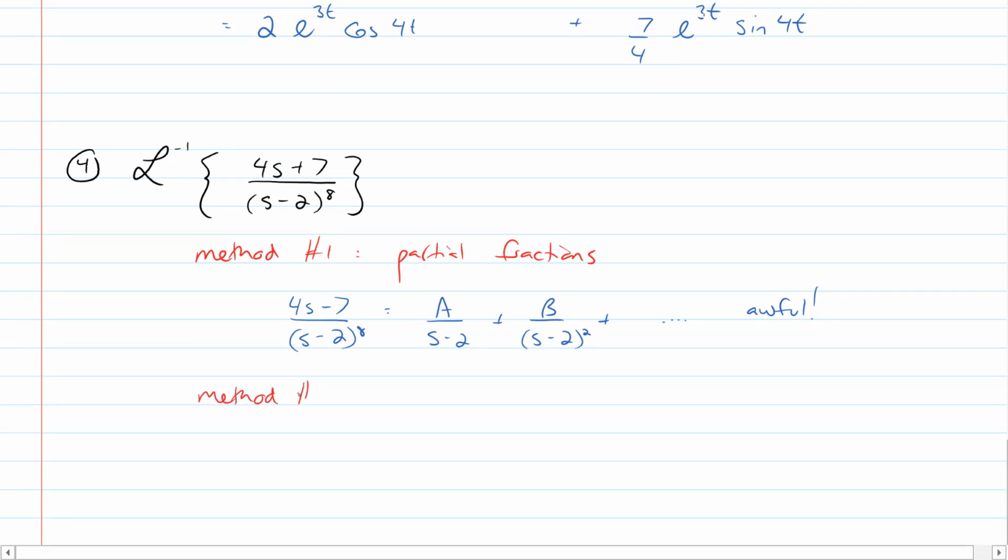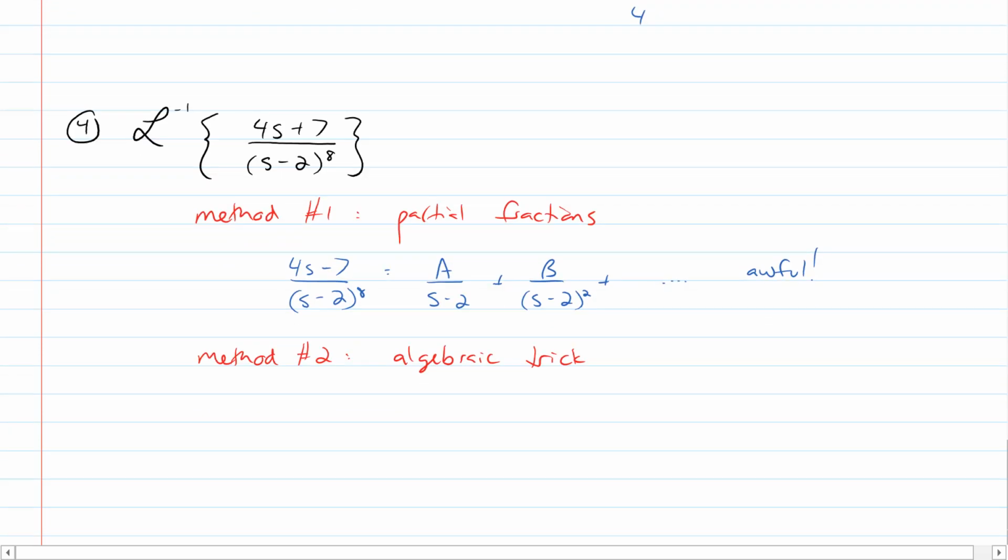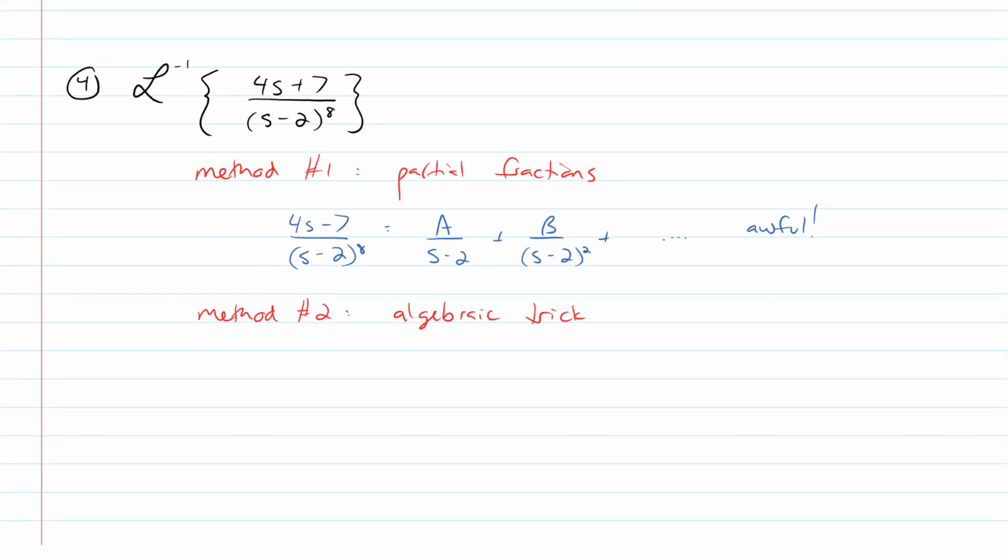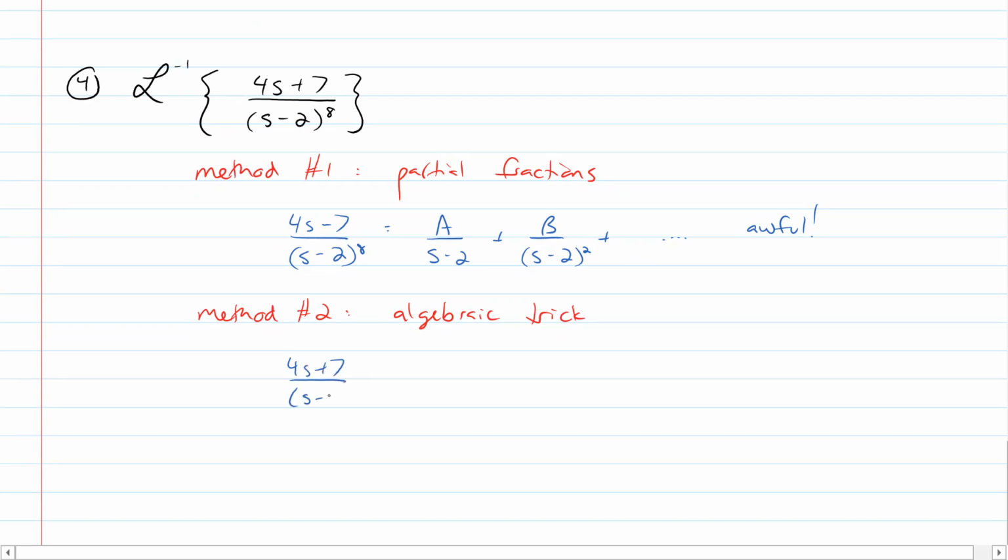For method number 2, there's an algebraic trick, which is that we take our (4s + 7) divided by (s - 2) to the 8th, and we're going to rewrite the numerator.